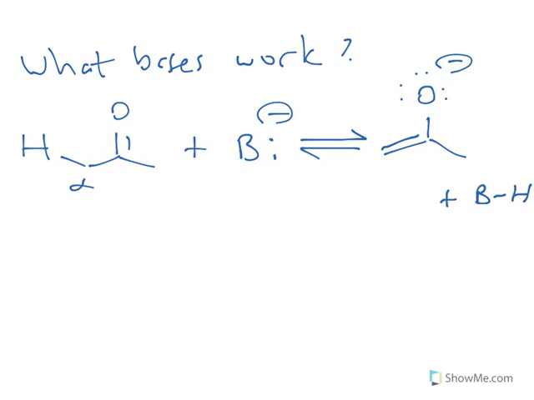What we need to do now is figure out which side the equilibrium lies on. If it lies to the left, that means our base is not going to work very well for this reaction. If the equilibrium lies towards the products, or the right, that means our base was very effective at driving this reaction to completion.